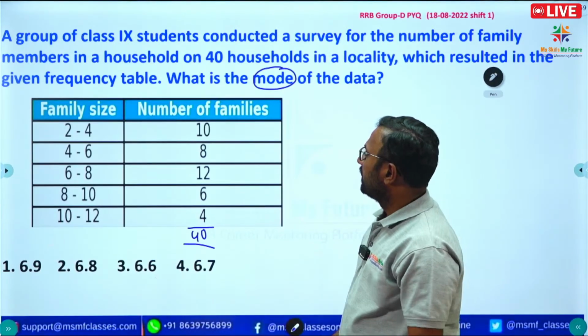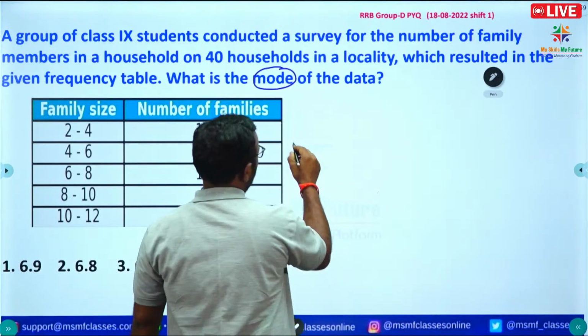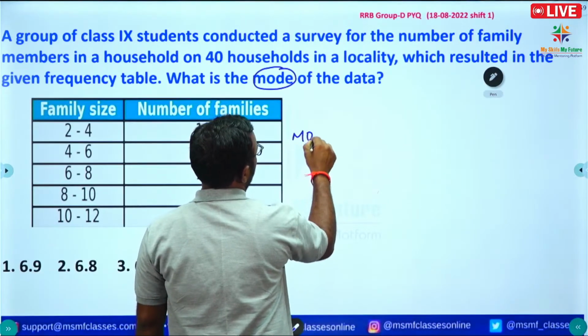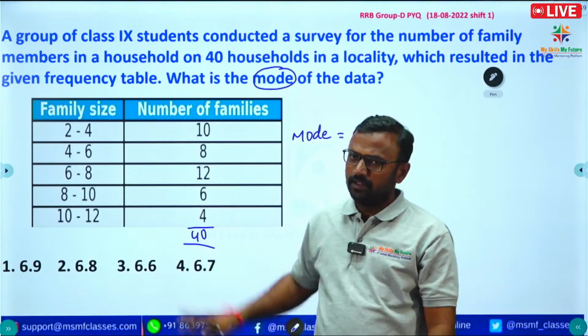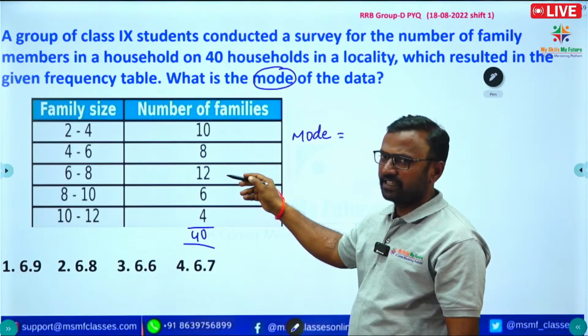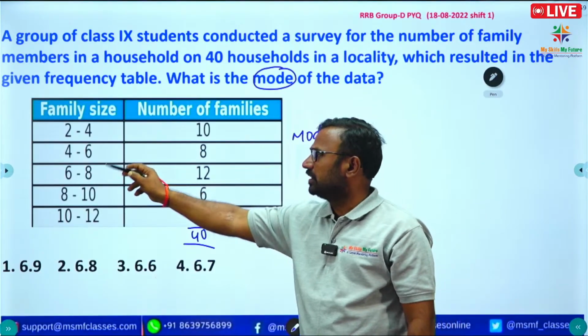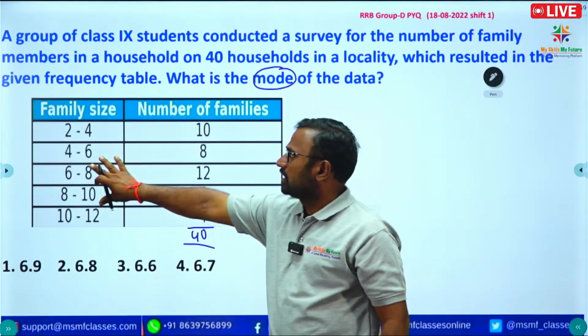So we need to find the modal value. We have a formula to find the mode for continuous series data. If the data is a discrete series, then whichever frequency is highest, its x value itself is the mode. Here we have class intervals.